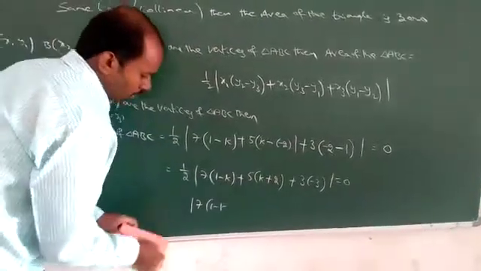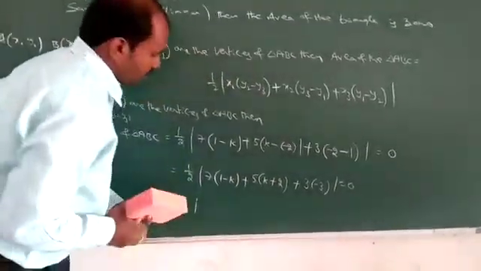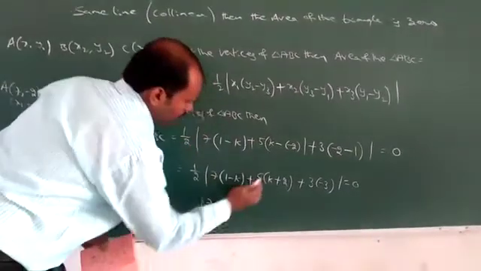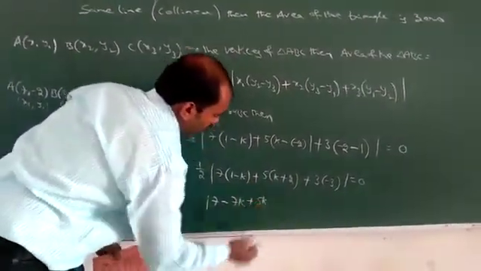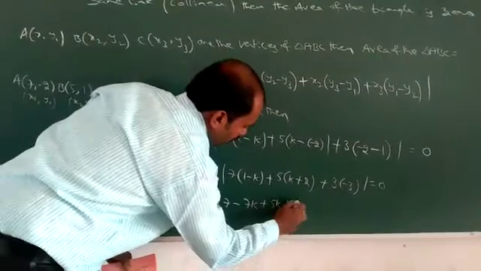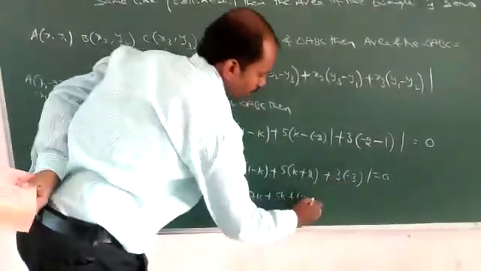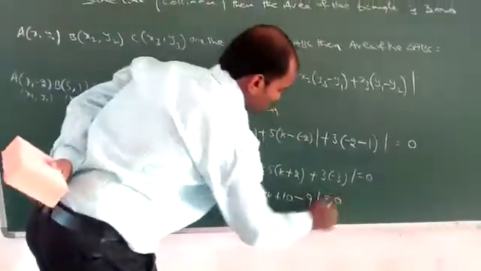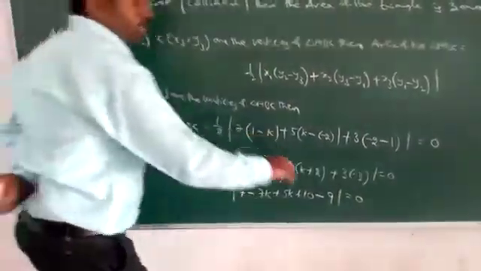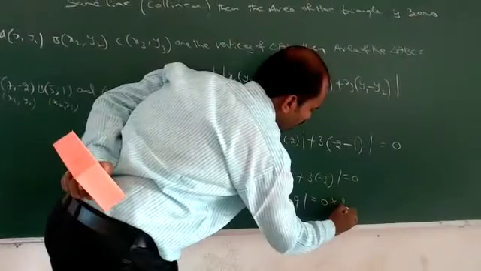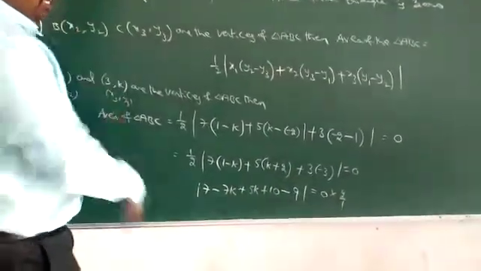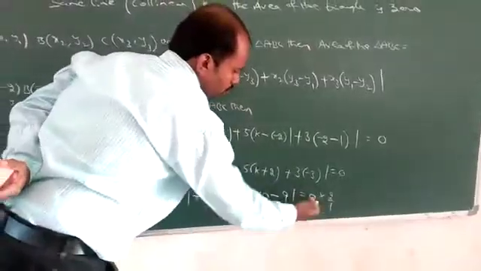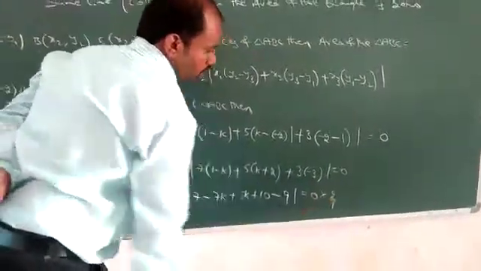You simplify: 7 minus 7k, plus 5k, plus 5 into 2, 10. Again plus into minus, minus 3 3s are 9, modulus close, that is equal to 0. Half, take to the right side, 2 by 1, so multiplication 0 into any number you multiply, you get 0.